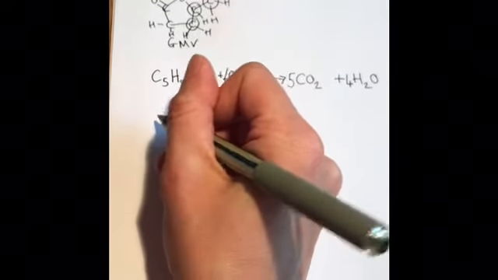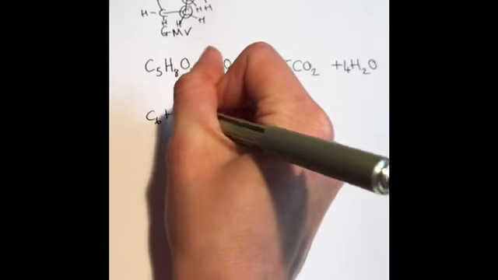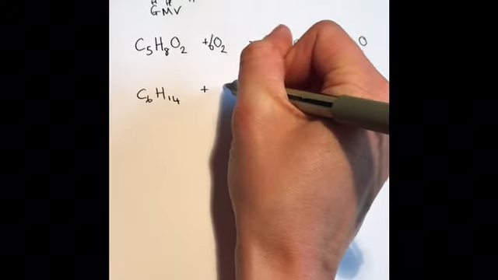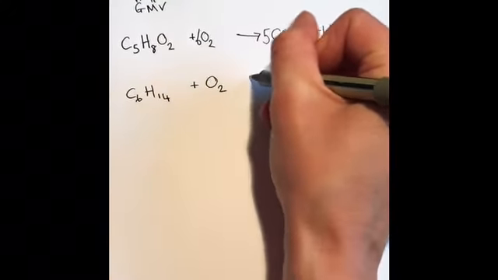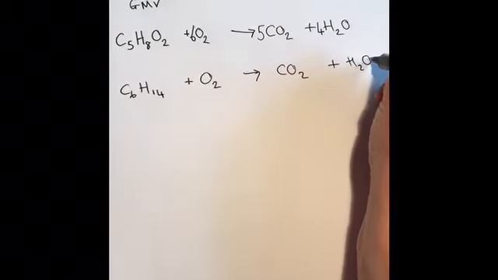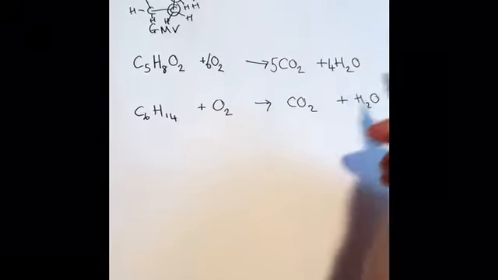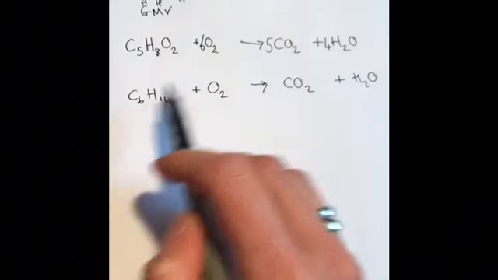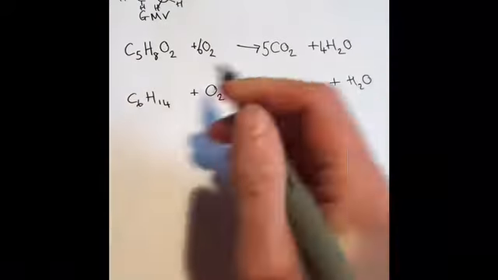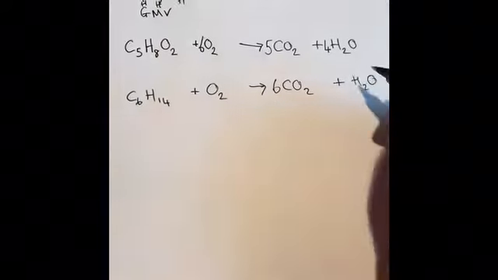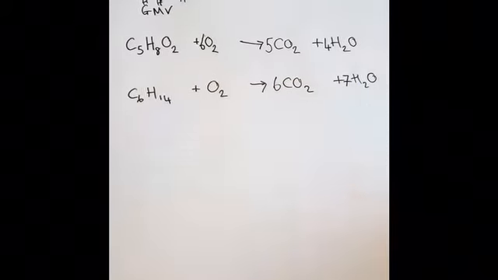Quite straightforward. Hexane is C6H14. When you burn that, completely combust it, again you make CO2 and H2O. We are only interested in the carbon dioxide, but let's balance the whole thing because it's good practice. Hexane has 6 carbons in it, so 1 mole of hexane produces 6 moles of carbon dioxide. 14 hydrogens, so we're going to make 7 moles of water.